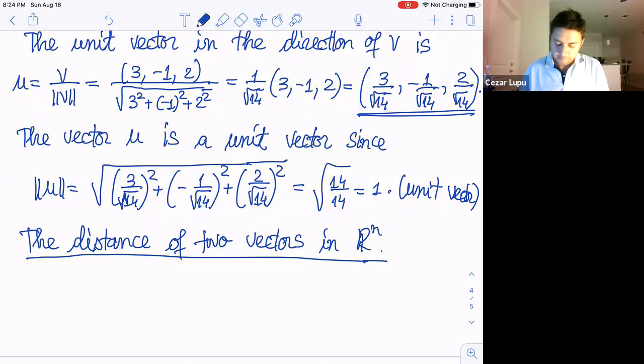Okay, let's see. Again, to define the distance of two vectors in Rn, we will use R2 as a model. And let's see in R2, what's the deal here.